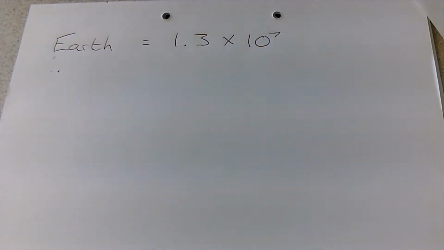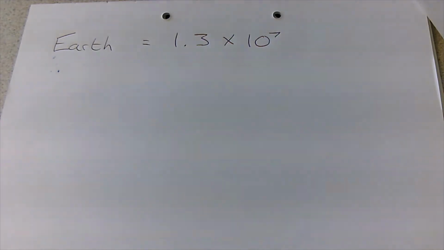Okay, so standard form is a way of writing down very large or very small numbers. For example, scientists use this for measuring the Earth.